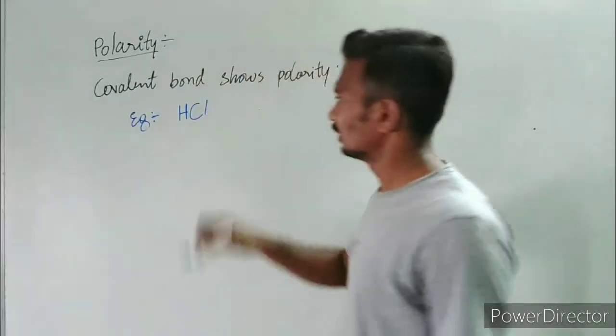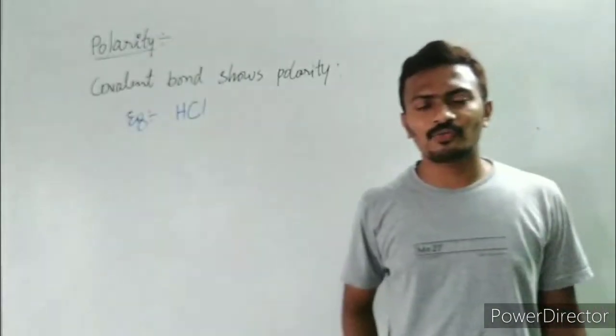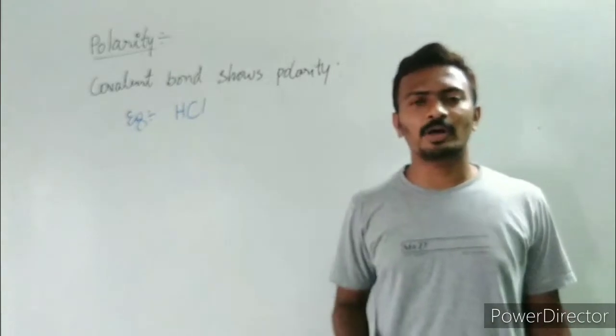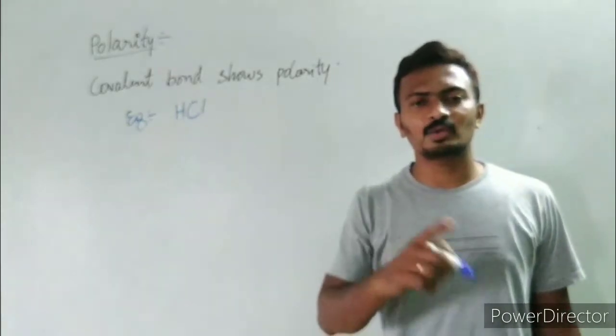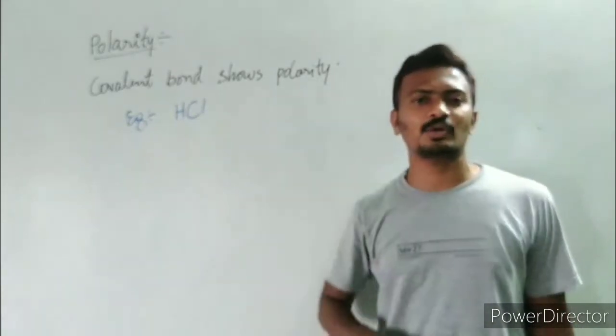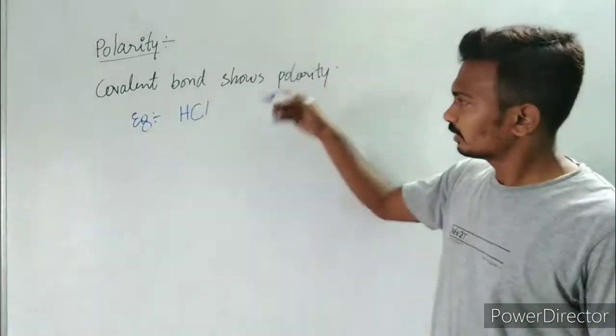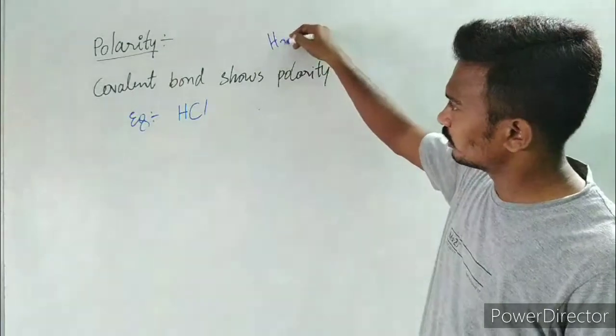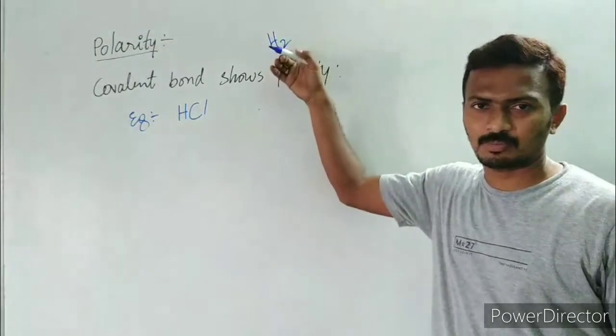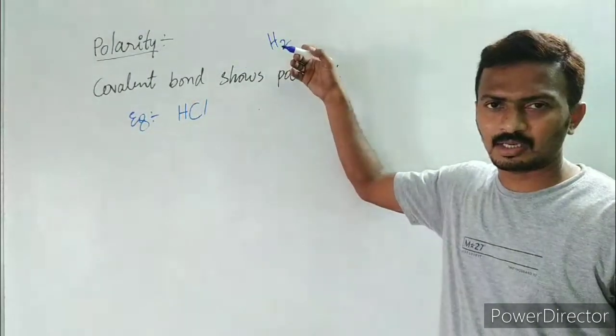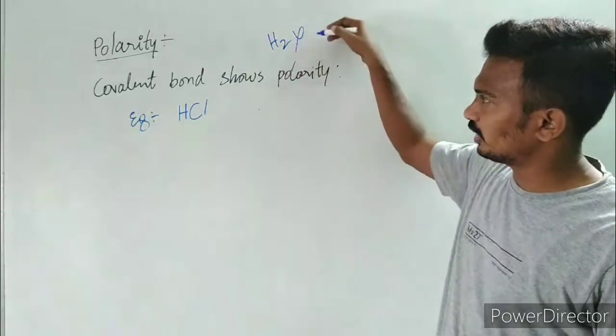HCl. This polarity in a covalent bond occurs only when the two atoms are of different electronegativities, or when they are from two different elements. It doesn't occur between two similar atoms like the hydrogen molecule. There is a covalent bond here, but it doesn't show any polarity.